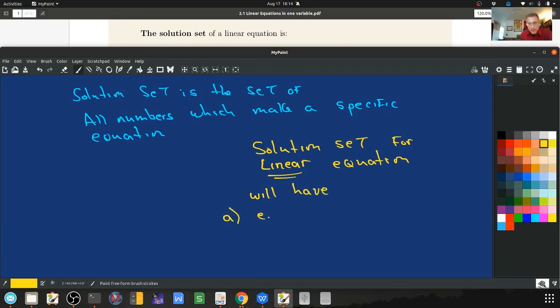A, exactly 1 solution or 1 element in the set, the example I just gave you. B, every real number is a solution.